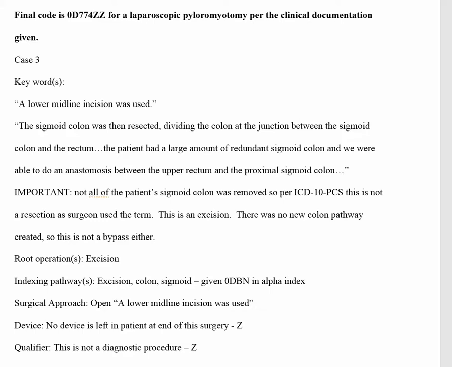Anatomically, you also need to think about if the patient really did have removal of their entire sigmoid colon, they would have to have a new pathway made because they would have to have some way to eliminate their bowel moving forward. So when we read the entire operative report, the physician does use that word resection, and physicians can use any word they want.